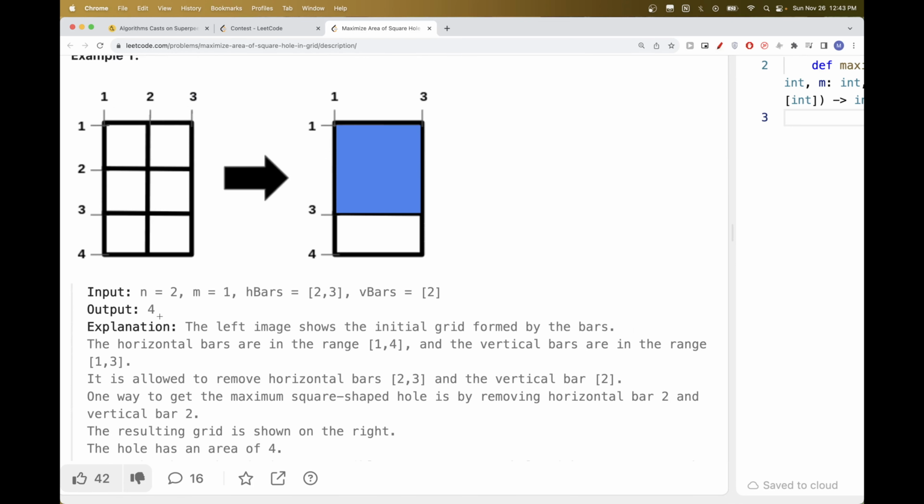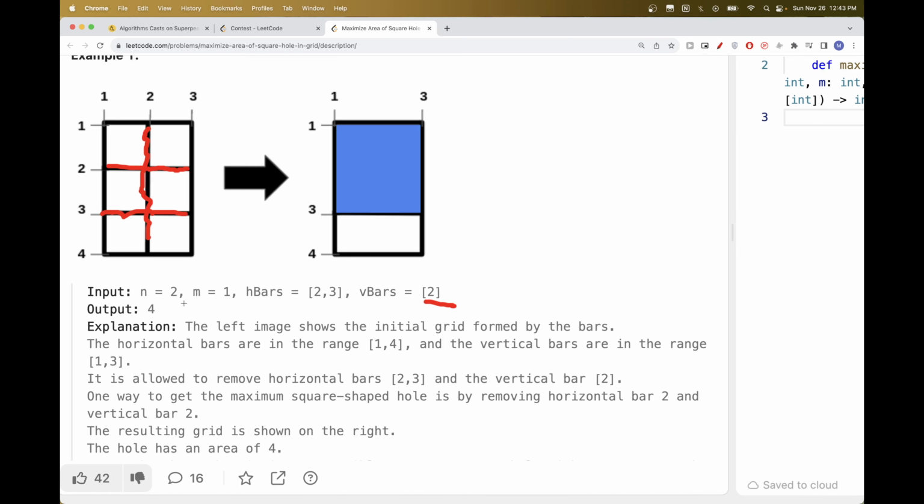For the first example, we can remove bar 2, so we can remove this one. And we can remove also, sorry, this is vertical. So vertical we can remove only 2. For horizontal we can remove 2 and 3.